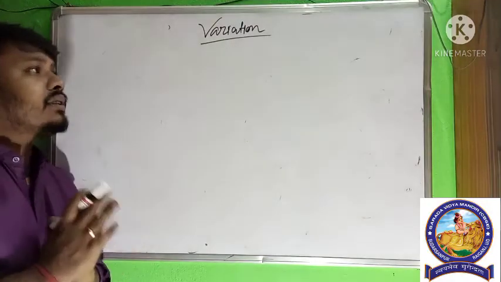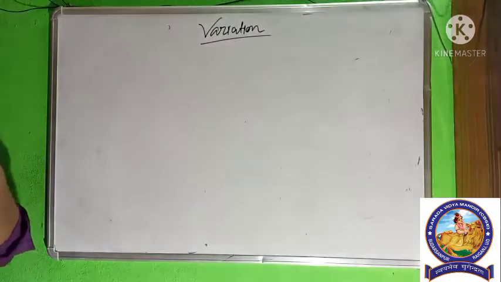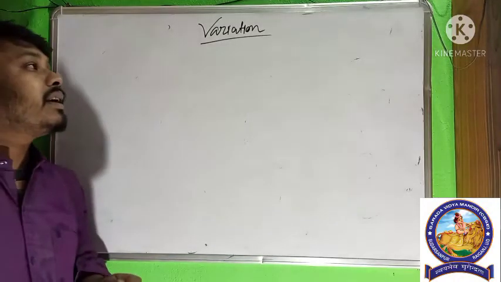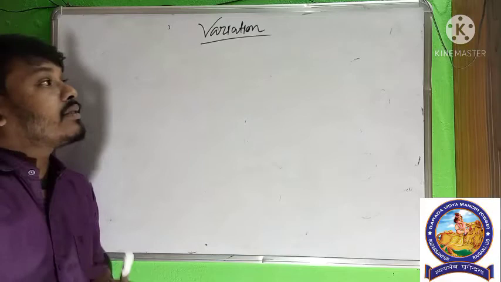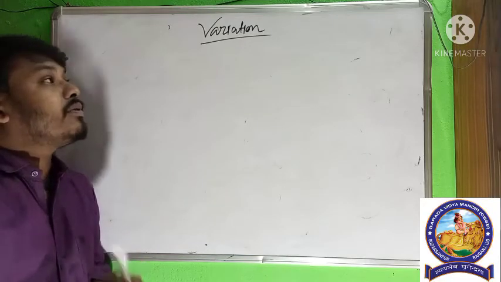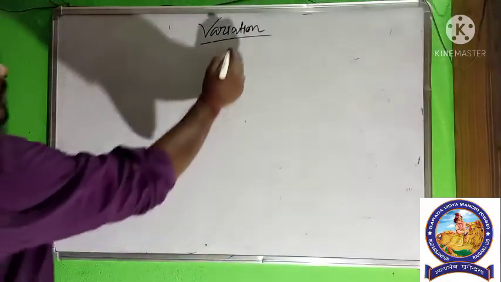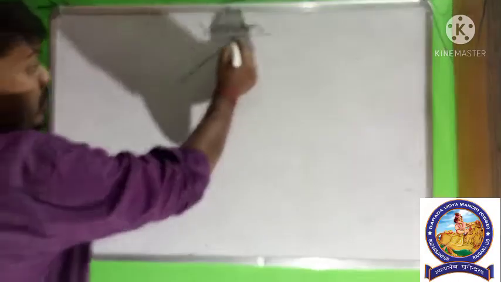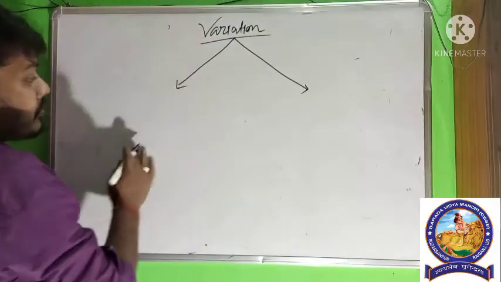Variation is a concept that describes the relation between two quantities or two variables. Okay, so variations are of two types.